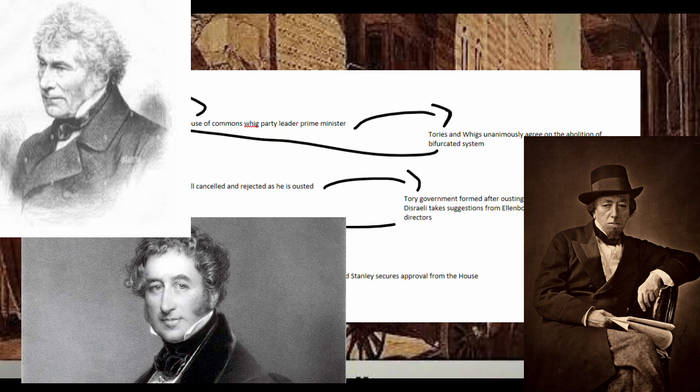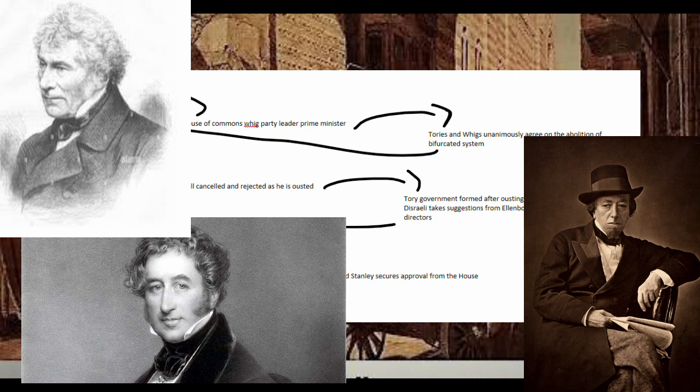These suggestions would, however, receive criticisms and be rejected. The bill that was supposed to be passed by Disraeli, back then the finance minister, the Chancellor of the Exchequer, with suggestions taken from Ellenborough, was eventually and subsequently rejected.